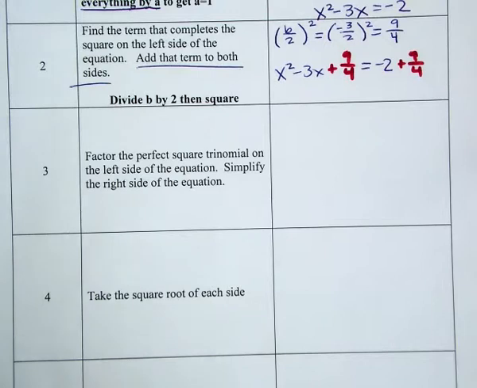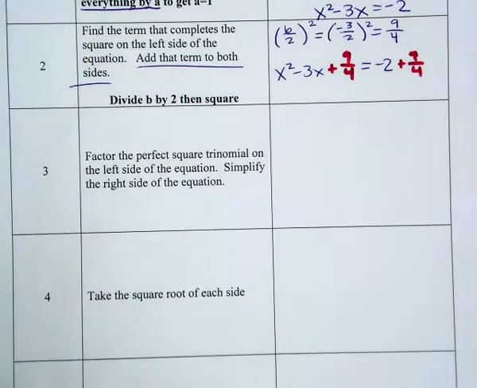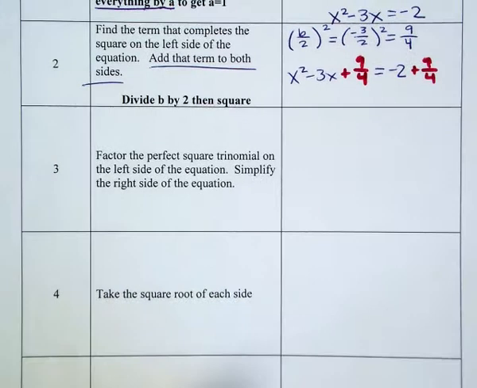So here's what I'm going to tell you. Every single time that you are supposed to factor to make a perfect square trinomial, the same shortcut will always apply. And I'm going to show you what it was in the last example, and then we'll apply it here.